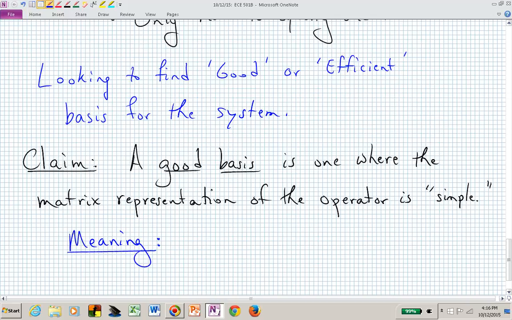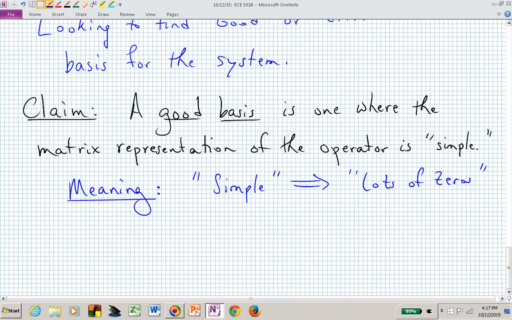And throwing around words like simple or nice or good, those are a little bit subjective. The meaning is if it's simple, that means lots of zeros. And lots is also sort of a relative term, but that's as good as we're going to define.